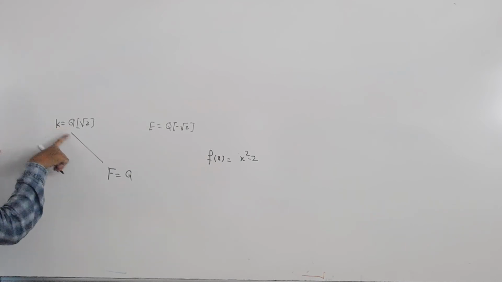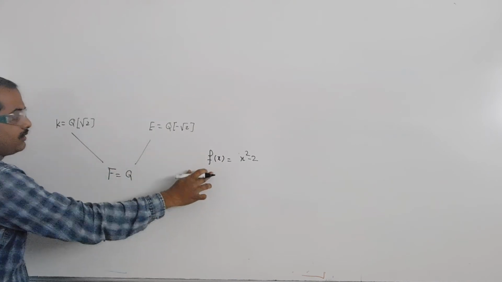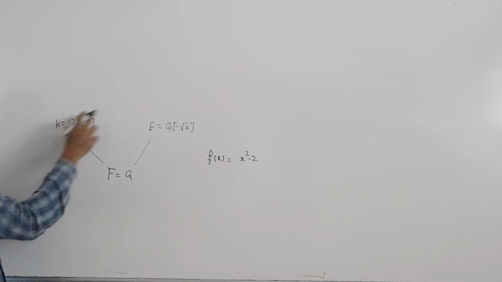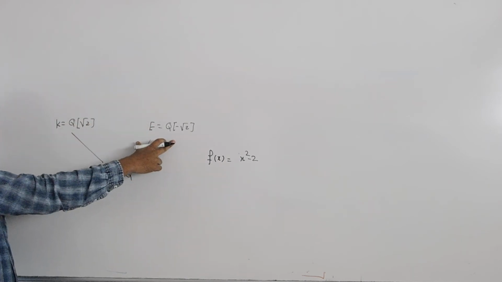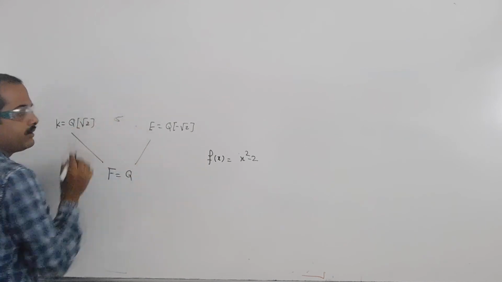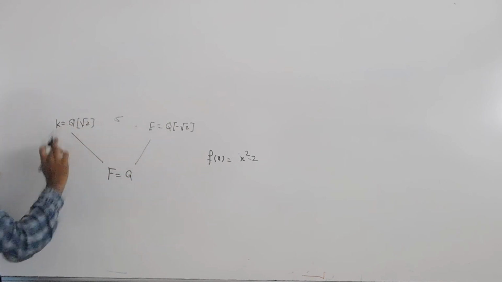So this is also a splitting field for this polynomial, because in this also you can write x minus root 2 into x plus root 2. Then there exists a sigma from K to E, which is an isomorphism.